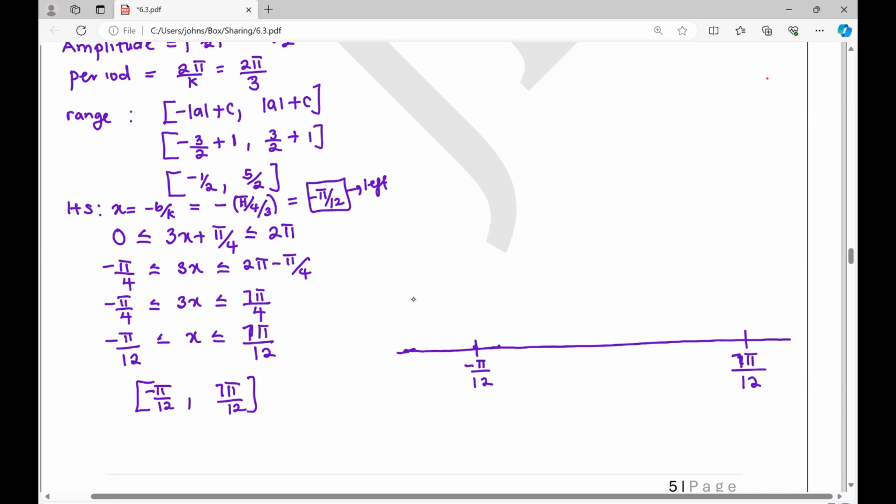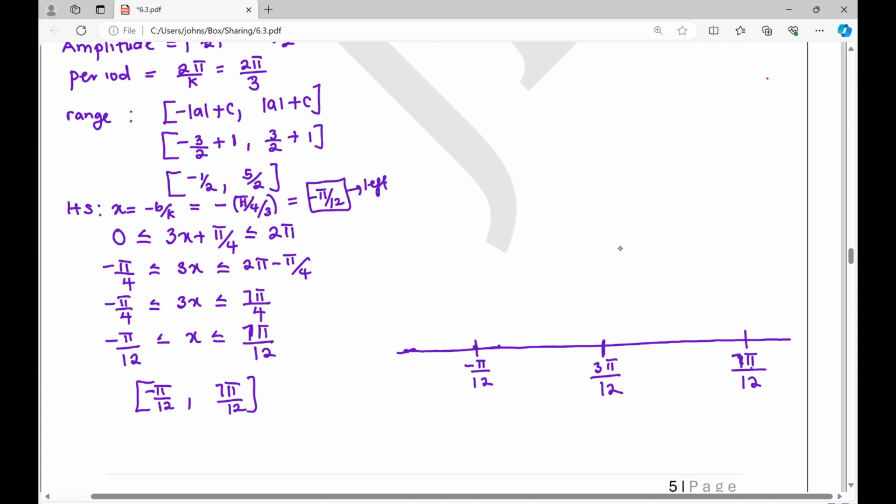Now, how do we split this into 4 intervals? There are 2 ways. I think I've mentioned it in my previous video. One way is for us to find the midpoint. So you find the midpoint of this, meaning you add this and this, and divide by 2. If you add 7 pi over 12 and minus pi over 12 and divide by 2, you will get the midpoint, which is going to be 3 pi over 12.